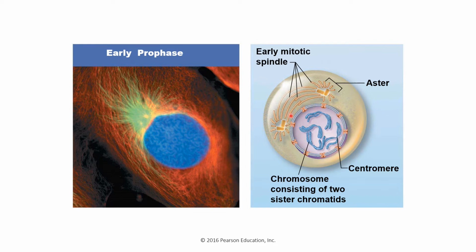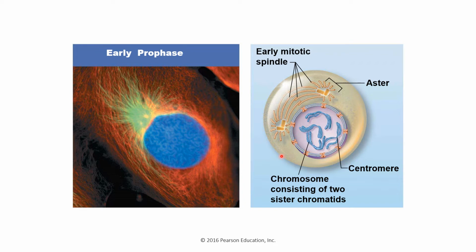So what really marks early prophase is the development of the mitotic spindle. Now up here we're seeing these rectangular type structures. These are your centrioles. And from the centrioles you have microtubules sprouting out. You're going to have basically two sets of centrioles, one here, one here, and from each you will see microtubules extending out.